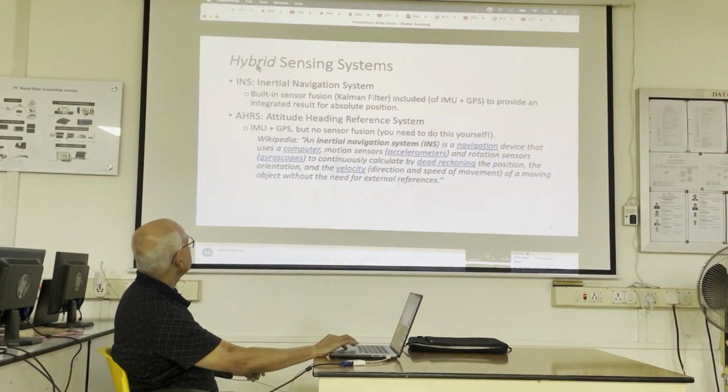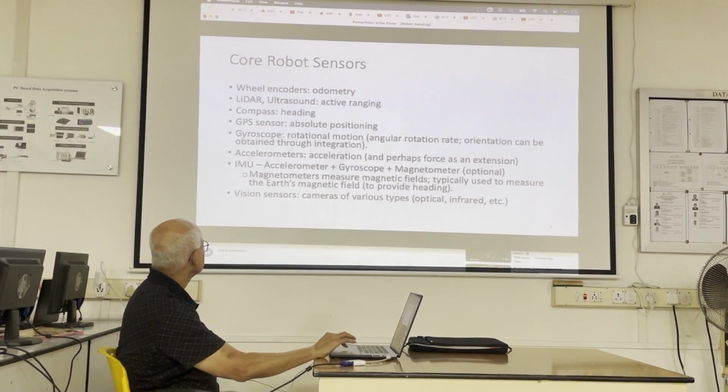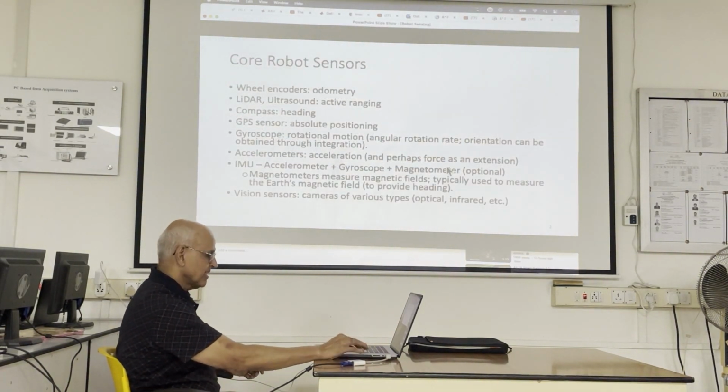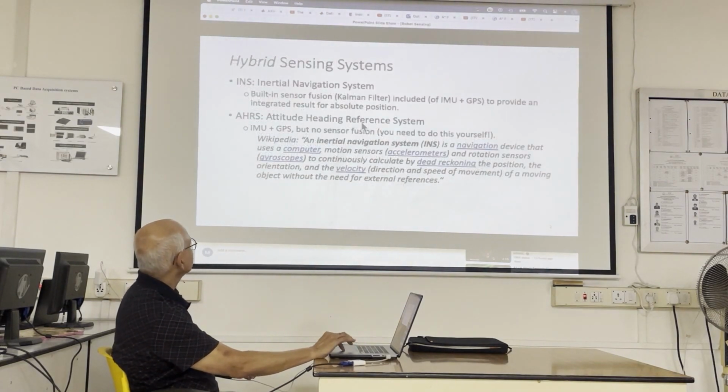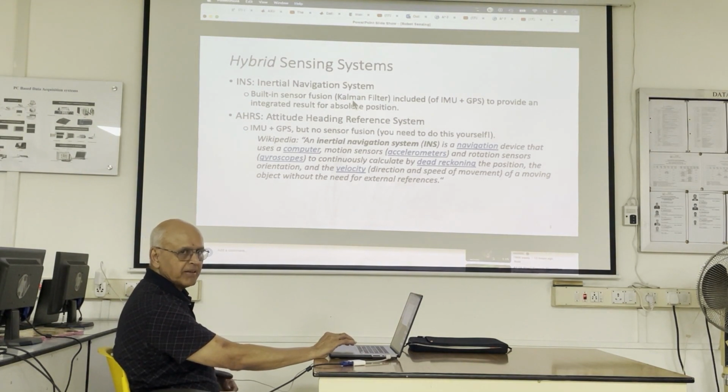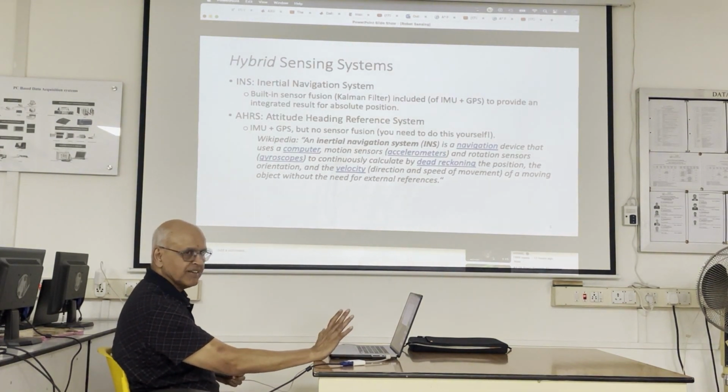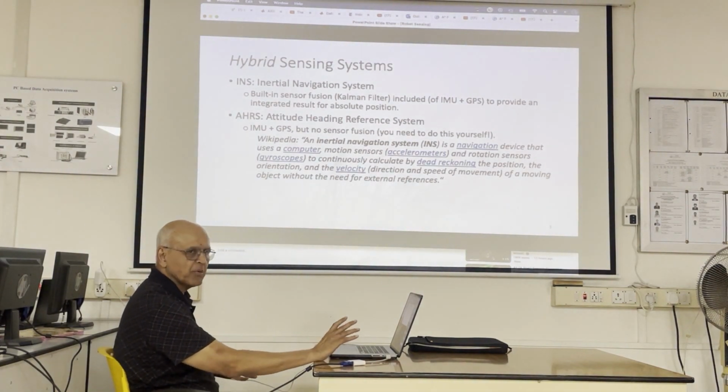Okay, now we have hybrid sensing systems. So these are very expensive. The INS, so INS is not the same as IMU. IMU is just a raw sensor suite. INS does something more with it, because it has built-in sensor fusion. So many people want a ready-made solution. They don't want to do Kalman filtering because they don't understand what it is.